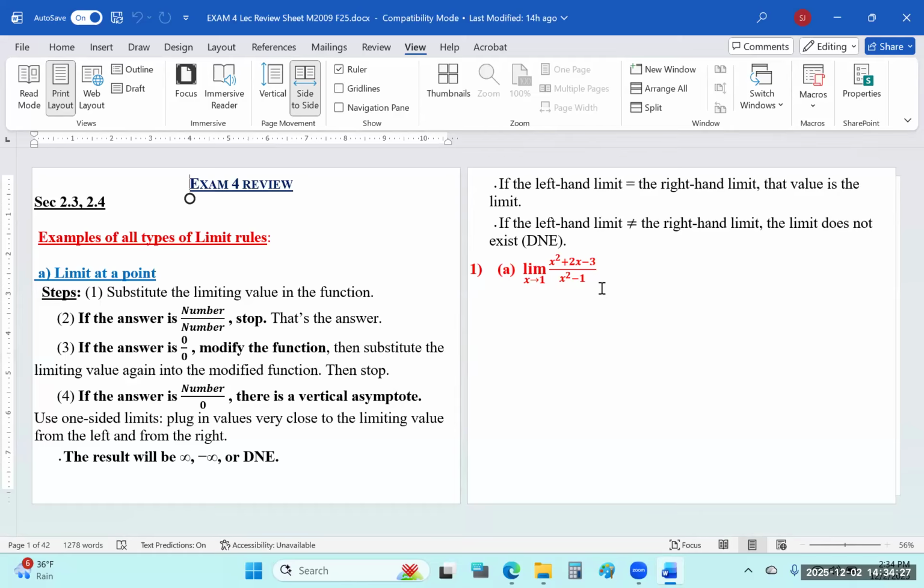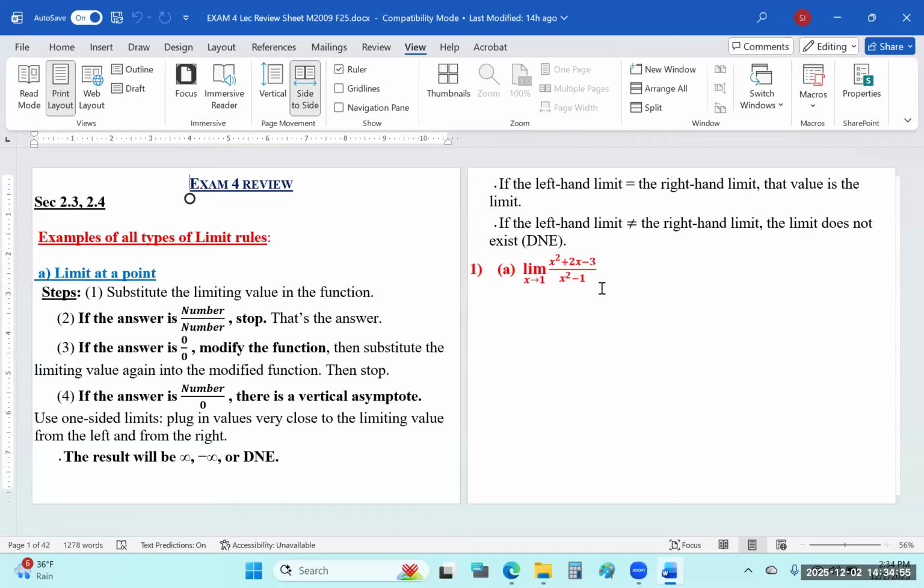This review sheet is also posted on Brightspace. So we start with limits. Depending on what type of limit we have, we use different methods to evaluate our limit. So when you find the limit at a point, step 1 is always the same: substitute the limiting value into the function.